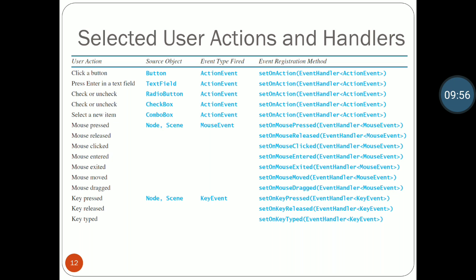From a combo box you are selecting a single item. Say you are purchasing shoes, then you are selecting a size from the different items, 9 or 10. So this will be an action or event.